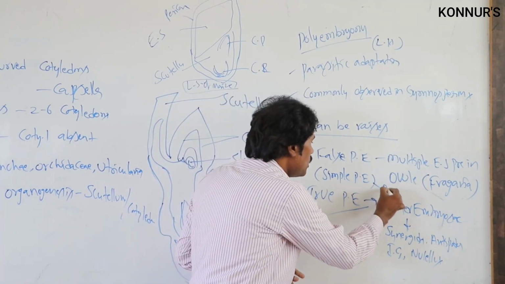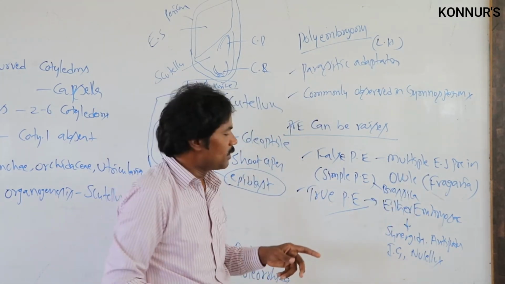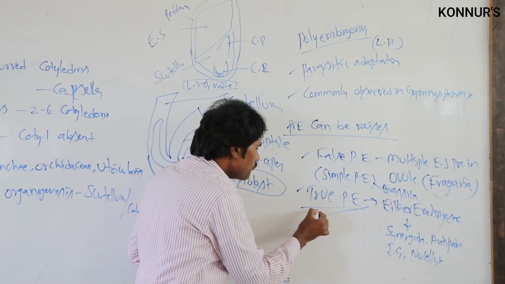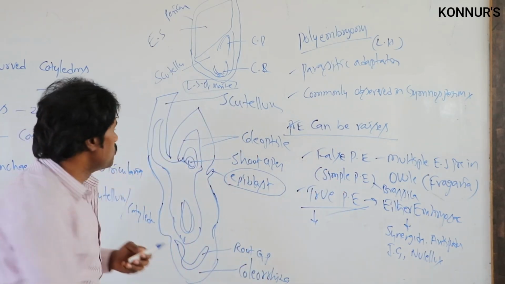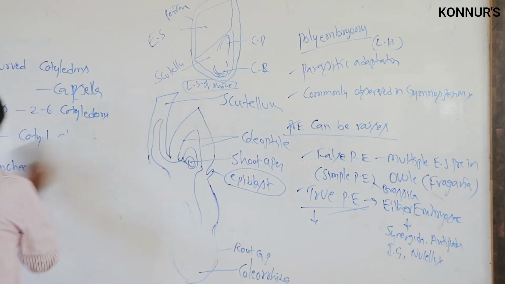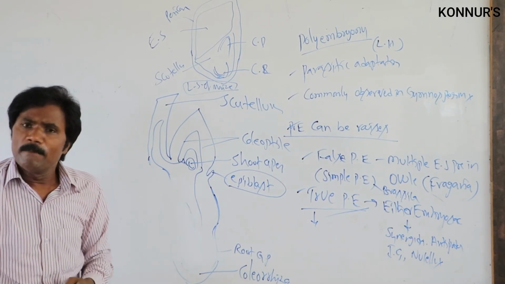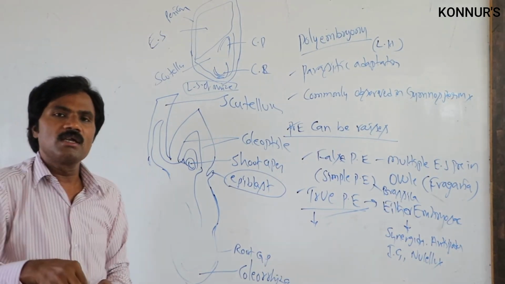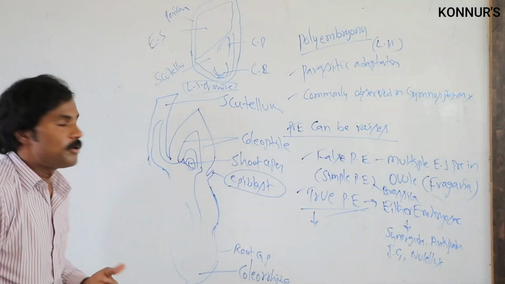Other than this, like Brassica, in Brassica plants also it can be observed. In true polyembryony we also observe that multiple pollen tubes enter, which is mixed polyembryony.